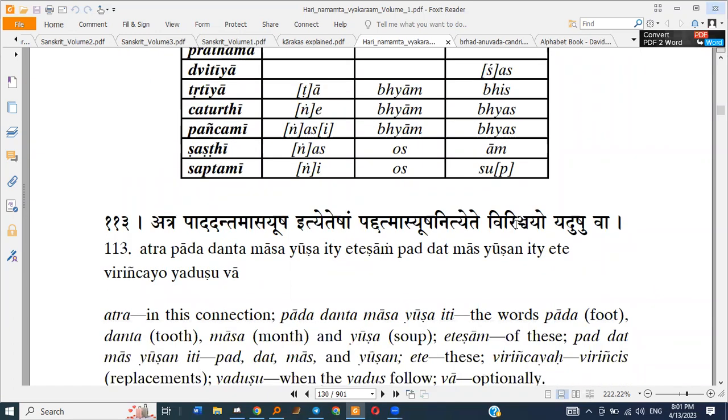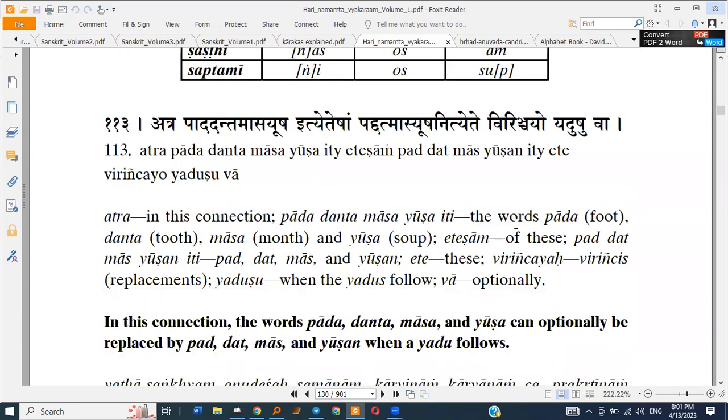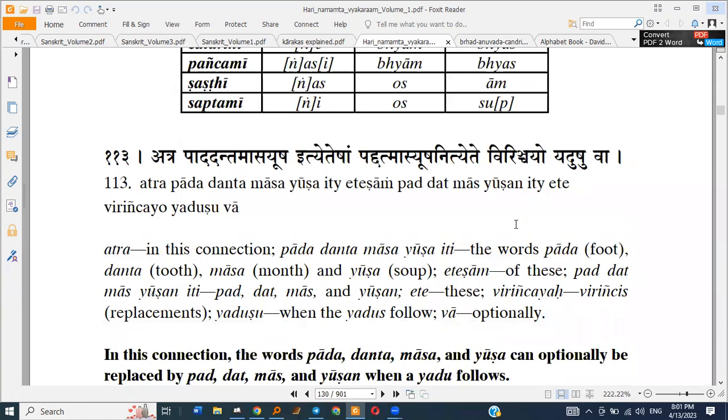Then the next sutra is Atra Pad Danta Mas Yusha Ityedesham.